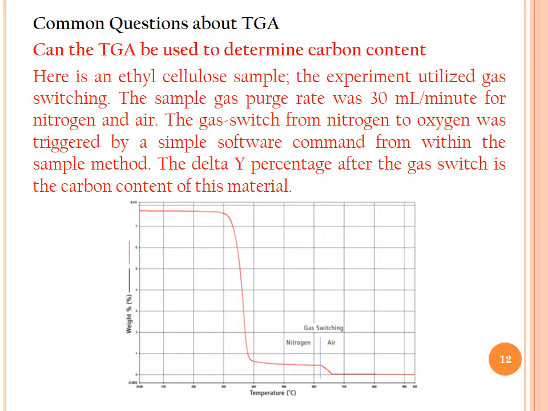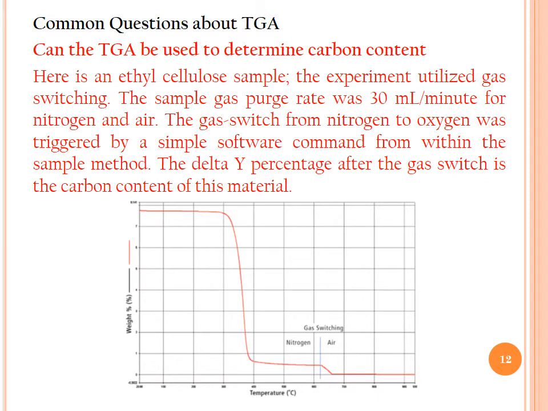Much more advancement has been incorporated in the modern instruments. So everything is run by the software incorporated with each type of thermoanalytical instrument. The delta Y percentage after the gas switch is the carbon content of this material.